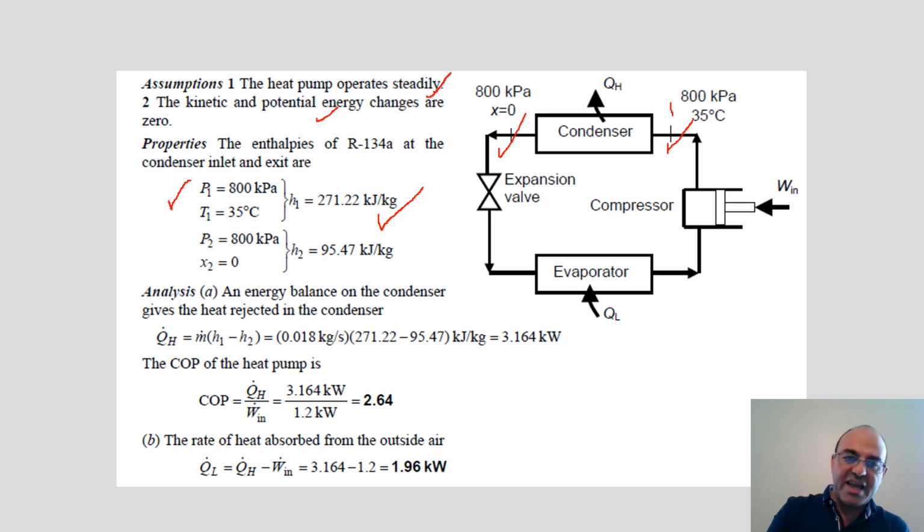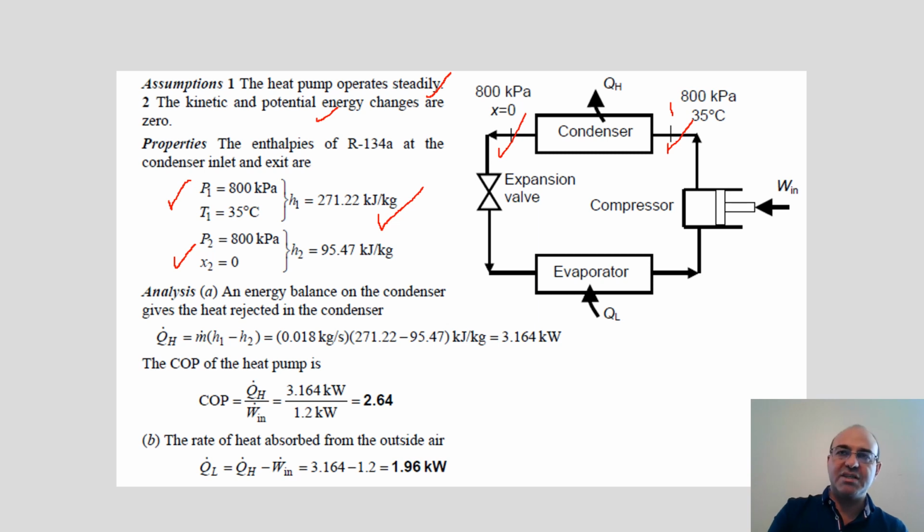And then at the exit, the problem asserts that x2, the quality, is 0, so it's saturated liquid, and the pressure is still 800 kilopascal. So we do need to use the saturated table for refrigerant, tabulated based on pressure.